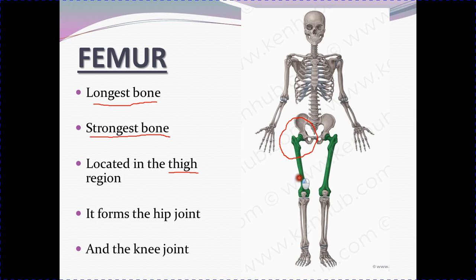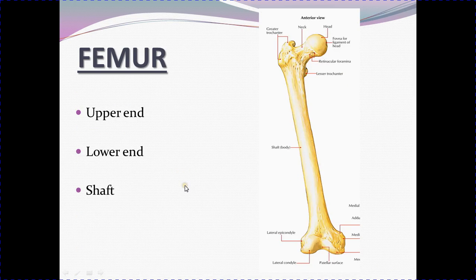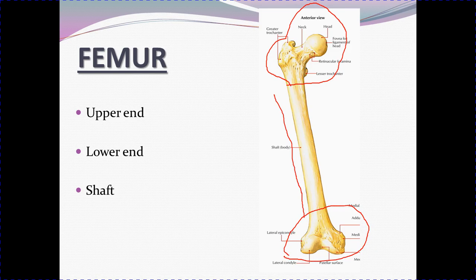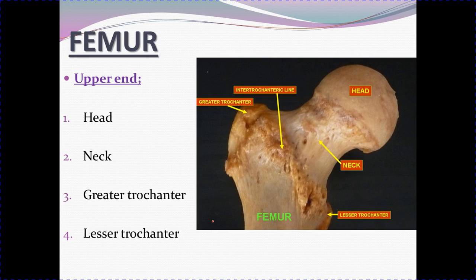The femur articulates with the tibia to form the knee joint. The femur has three parts: an upper end, a shaft, and a lower end. We will briefly discuss all these different parts.